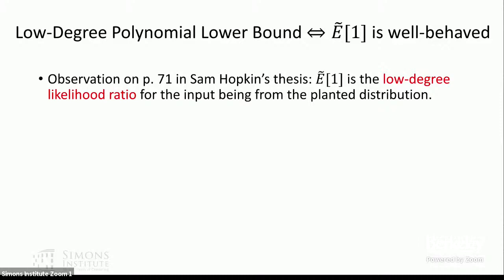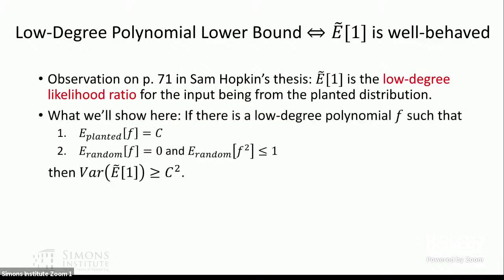So what I'll show in this part is that if there's a low degree polynomial whose expected value is large on the planted distribution, and whose variance is at most one on the random distribution, then the variance of the pseudo-expectation value of one will be at least c squared.